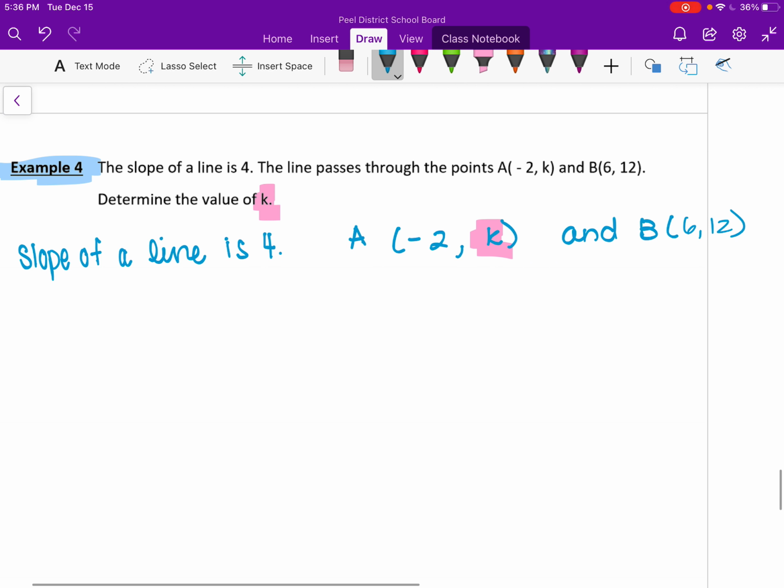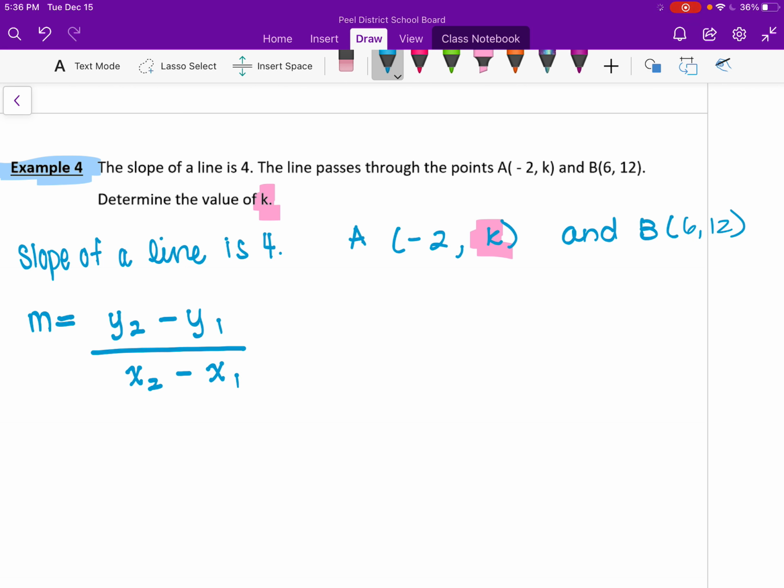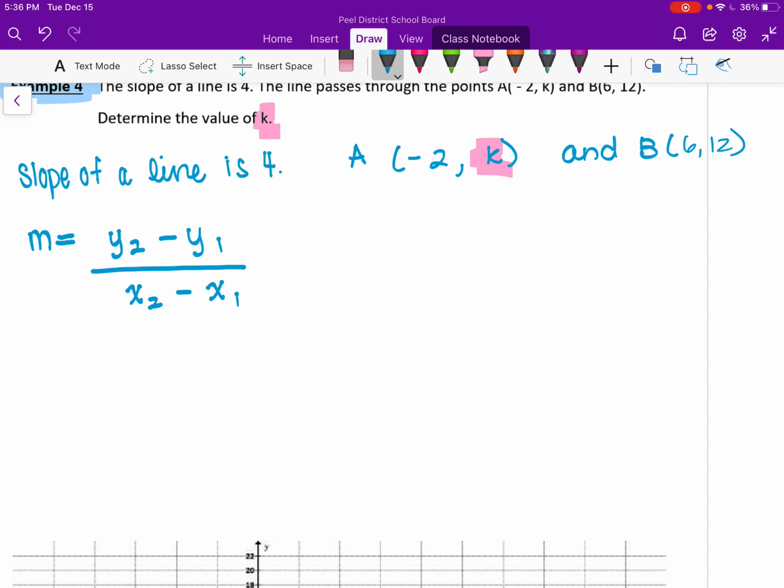So the first thing I'm going to determine is, what's the equation for slope? M equals y2 minus y1 over x2 minus x1. Right? Always going to be that. Let's start to put in these numbers. So I have x1, y1, x2, y2, and my slope here.